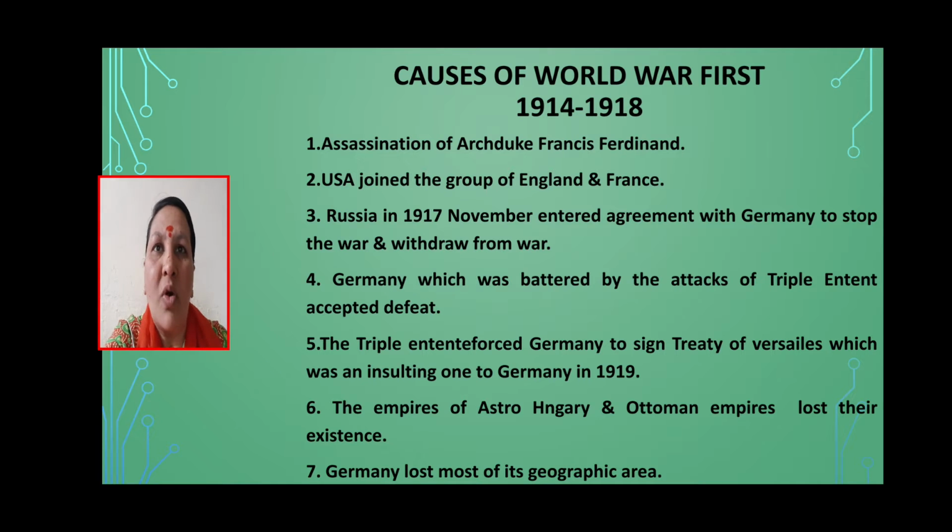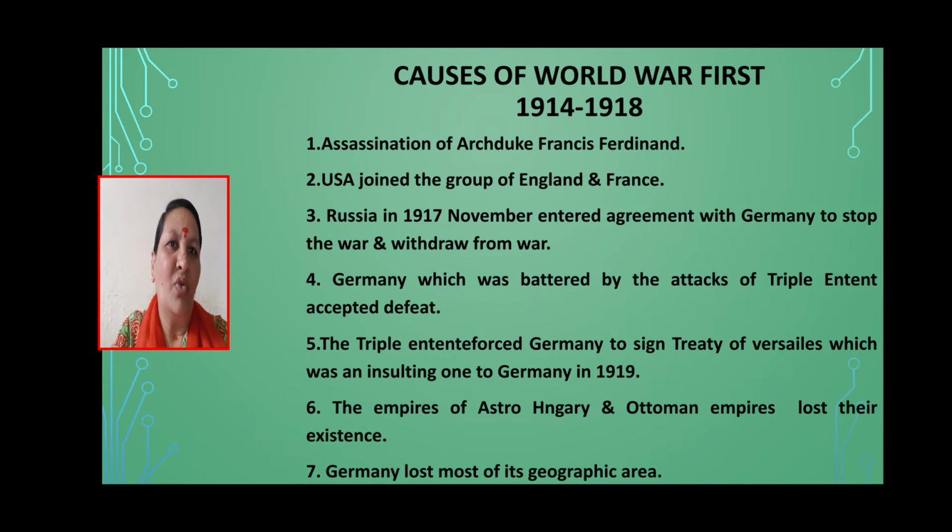The First World War divided the countries into two groups: a Triple Entente of England, France and Russia, and a Triple Alliance of Germany, Italy and Austria-Hungary. Italy joined the opposite camp.